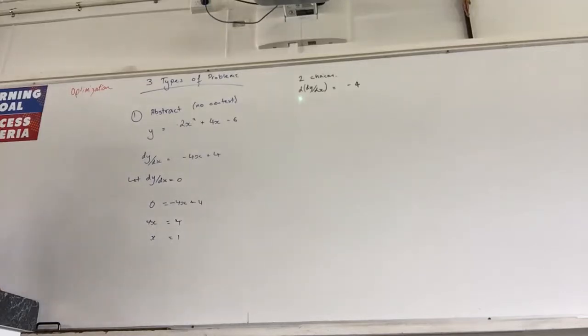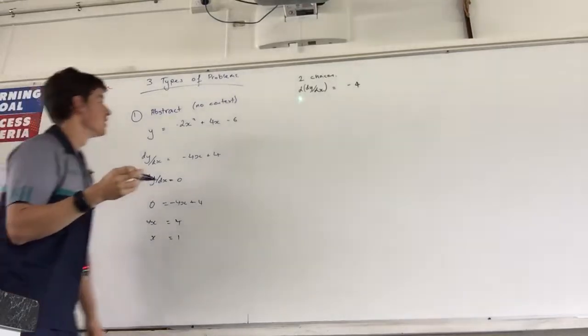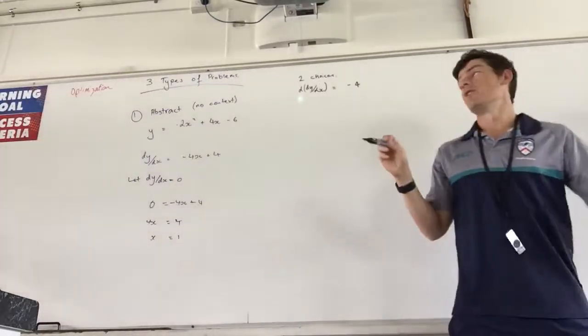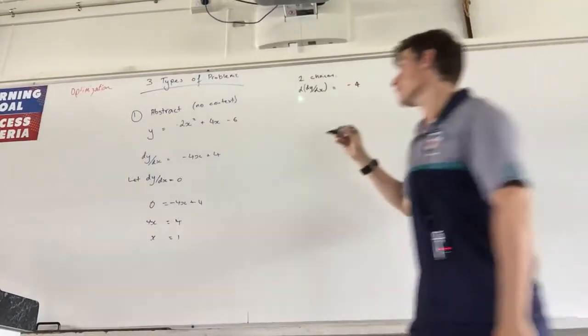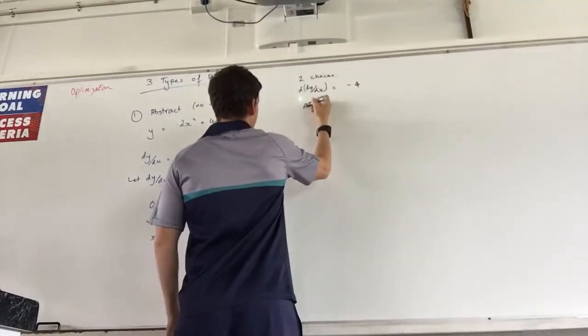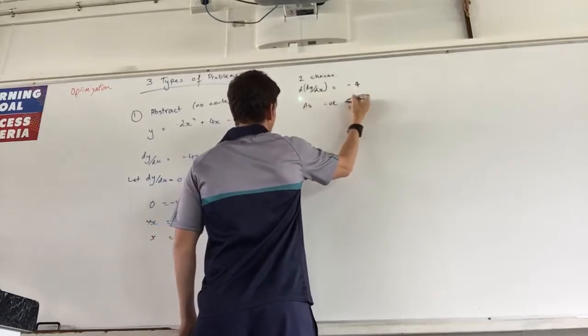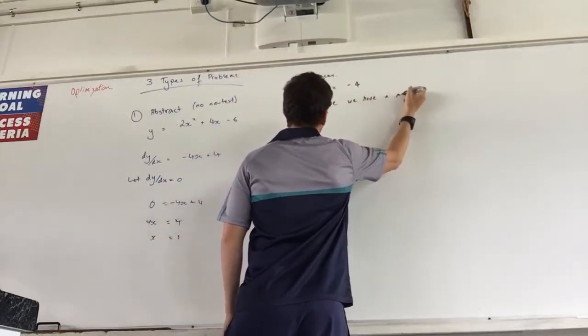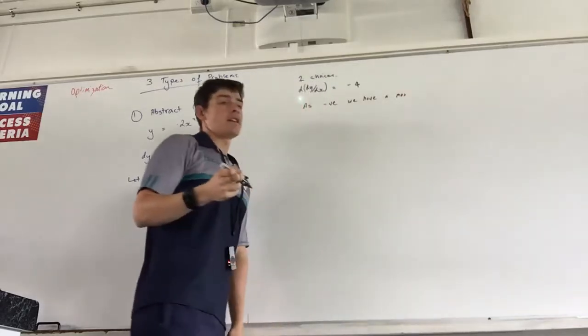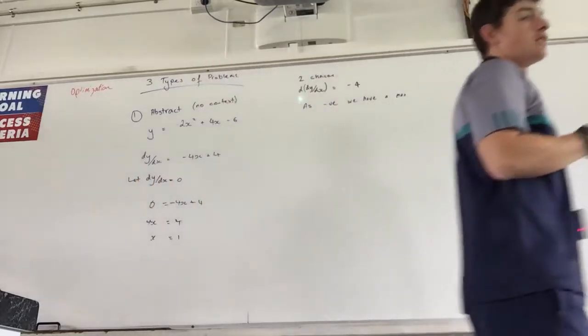Would you expect that to be a maximum? Yeah. Sorry, I said minimum at the start. I forgot I put the negative at the front. So it's the opposite, isn't it? That sort of makes sense.